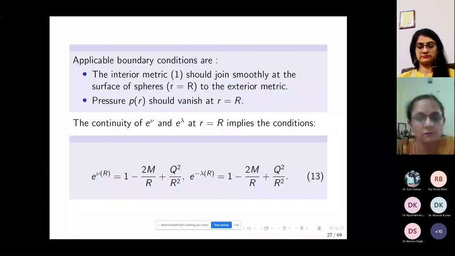If we take small q equal to q of r, then small q of capital R will be known as capital Q.